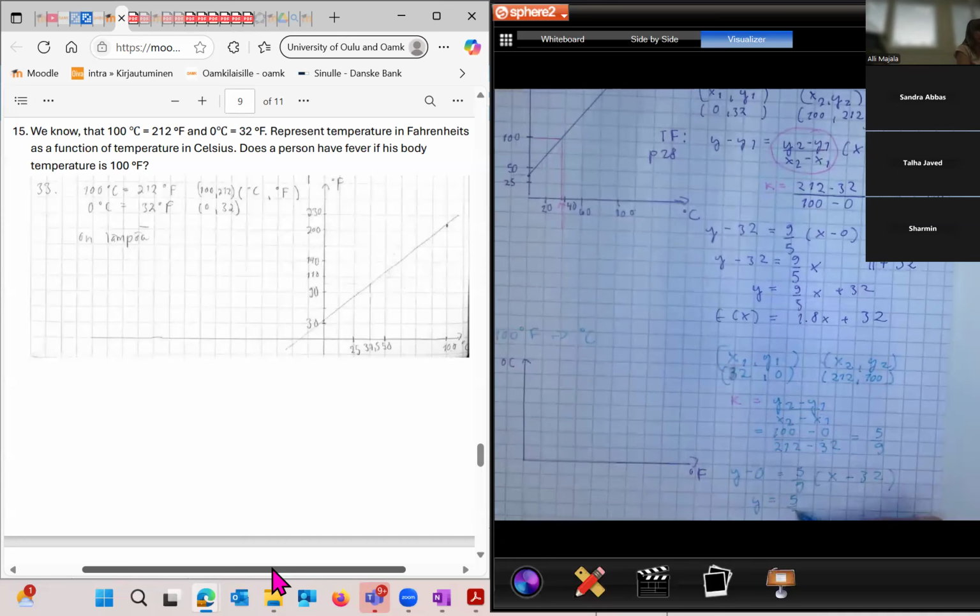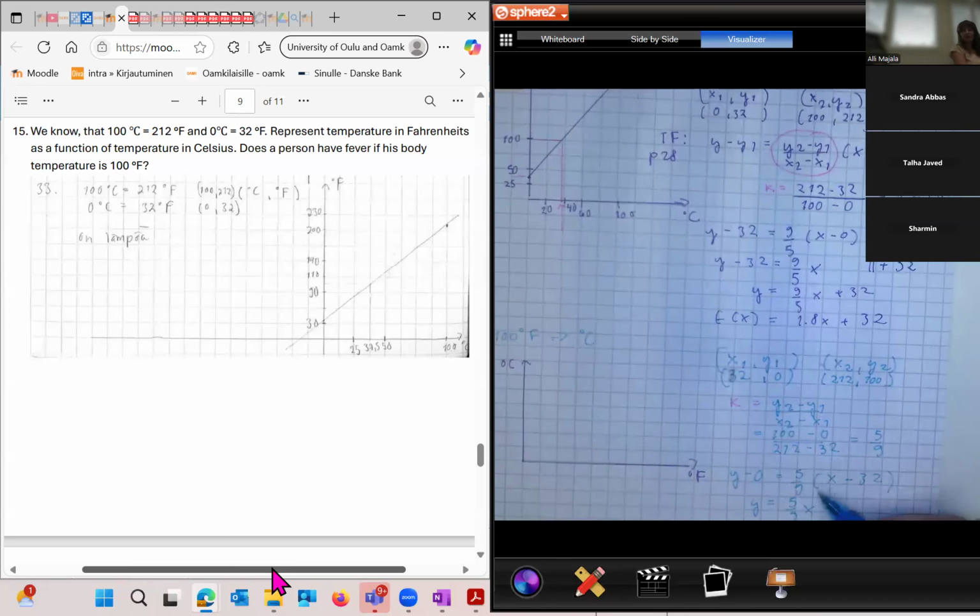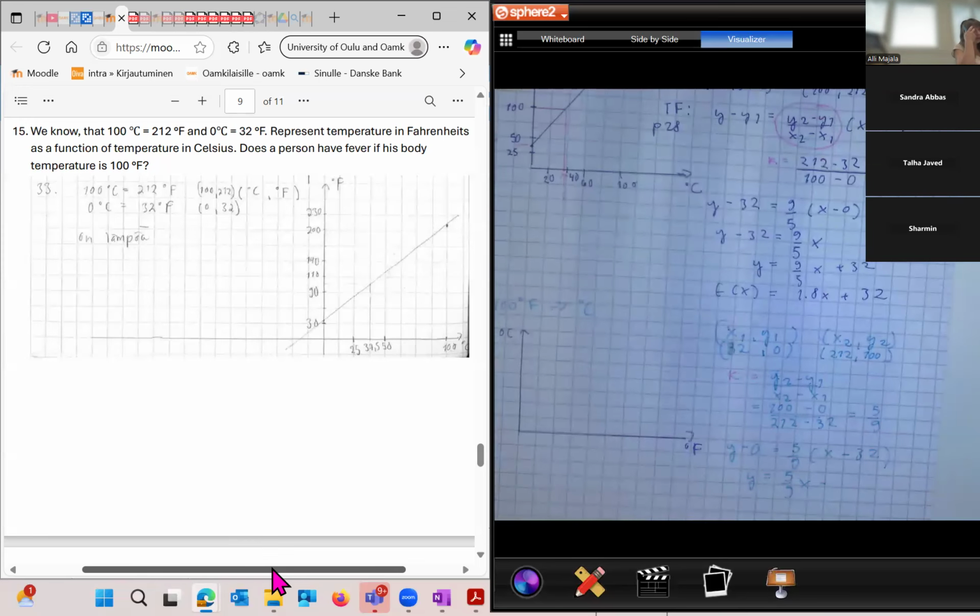So 5/9, and then I still have to remember to multiply with this. So when you have a multiplier in front of the brackets, you of course multiply both of the terms in the brackets, yes. So it's not only this and then minus 32, but I have to multiply it with this.